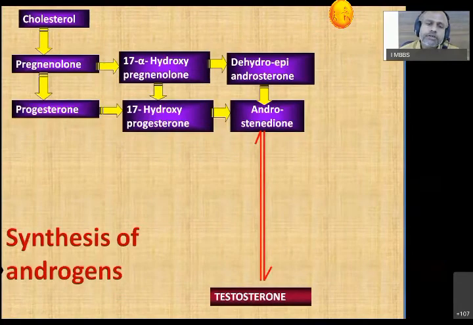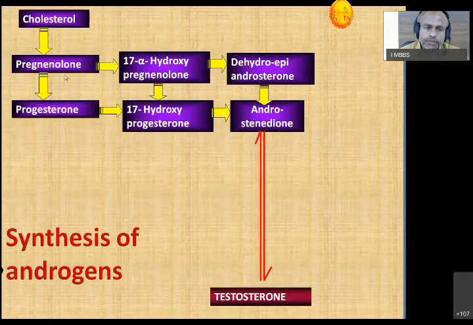Synthesis of testosterone from cholesterol: whatever cholesterol is present in our body is converted by the presence of enzymes into pregnenolone, progesterone. Progesterone is the intermediate product in the formation of testosterone and estrogen.